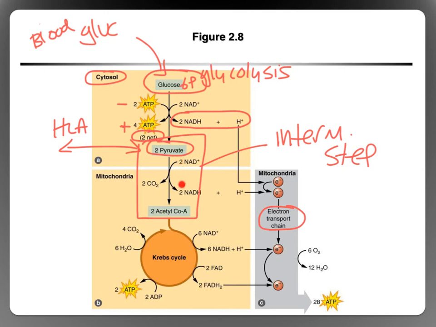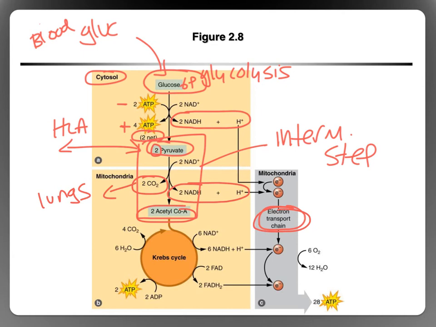So in the intermediate step, we produce 2 NADH plus H's, 1 per intermediate step, times 2 is 2, which goes to electron transport. We also produce CO2, 1 CO2 for each intermediate step, but we have 2 of them. Those CO2s go off to the lungs, so we can exhale them. And at the end of the intermediate step, we're left with acetyl-CoA, which can now enter the Krebs cycle.